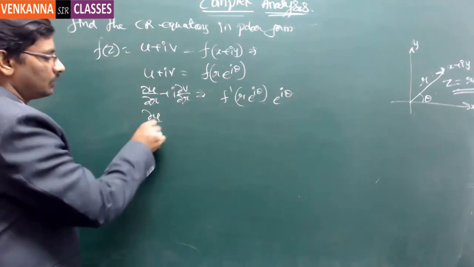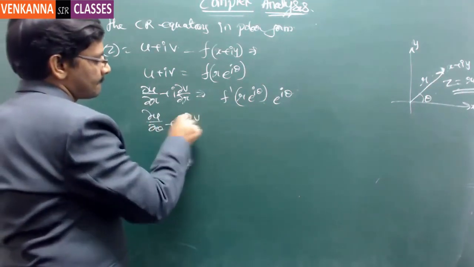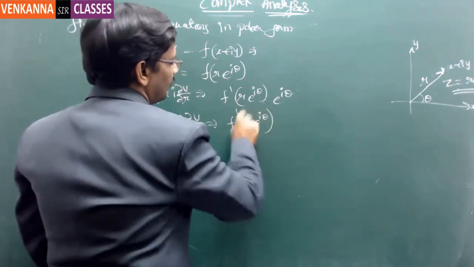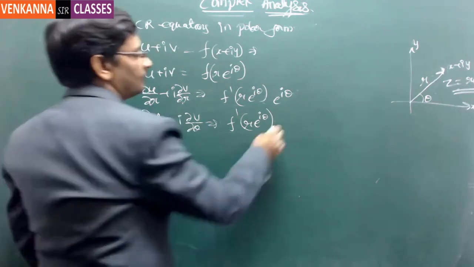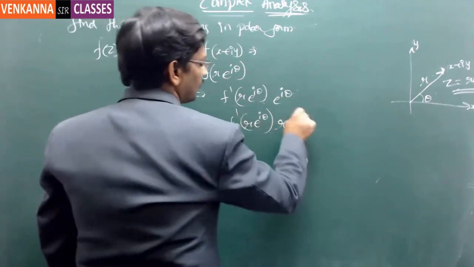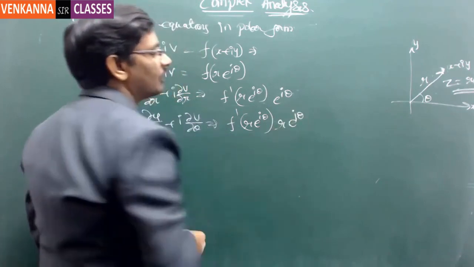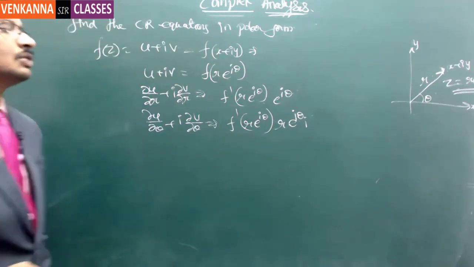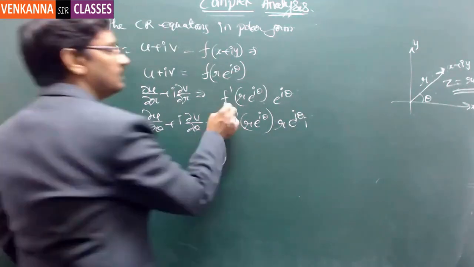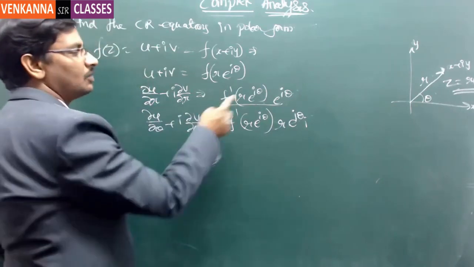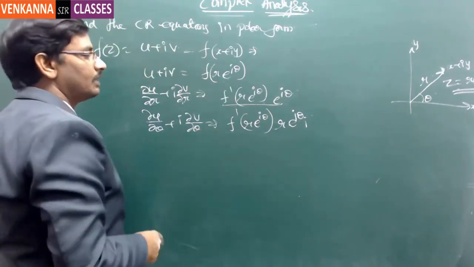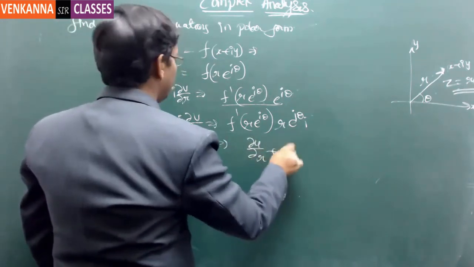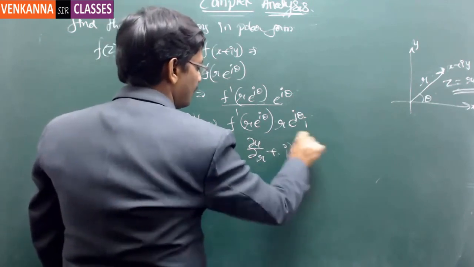Similarly, if you take ∂u/∂theta, the derivative of this is f dash of r into e power i theta and then the derivative with respect to theta of r into e power i theta, which is r times the derivative of e power i theta, so into i. So r i into e power i theta. Now this can be replaced with f dash of r into e power i theta, with e power i theta replaced by ∂u/∂r plus i times ∂v/∂r, into ir.